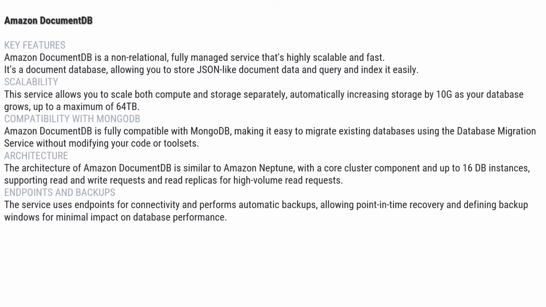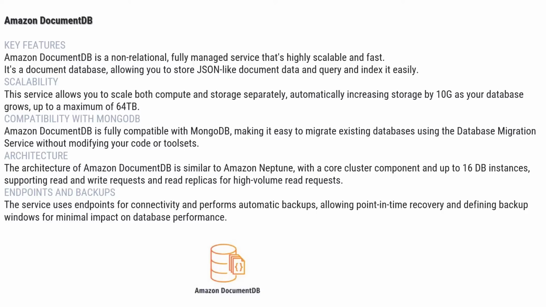This service allows you to scale both compute and storage separately, automatically increasing storage by 10 GB as your database grows, up to a maximum of 64 TB. Amazon DocumentDB is fully compatible with MongoDB, making it easy to migrate existing databases using the Database Migration Service without modifying your code or toolsets.